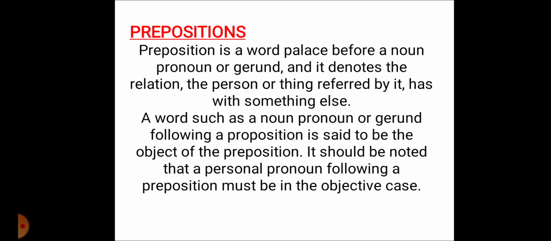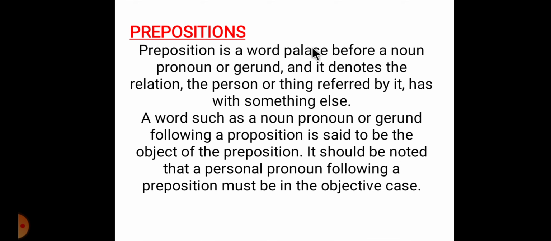Next is prepositions. So what is a preposition? A preposition is a word placed before a noun, pronoun or gerund, and it denotes the relation the person or thing referred to by it has with something else. The word is typed mistakenly, that is palace.